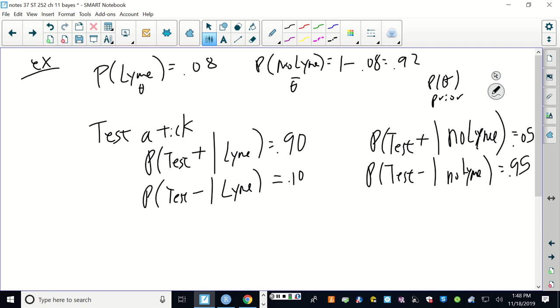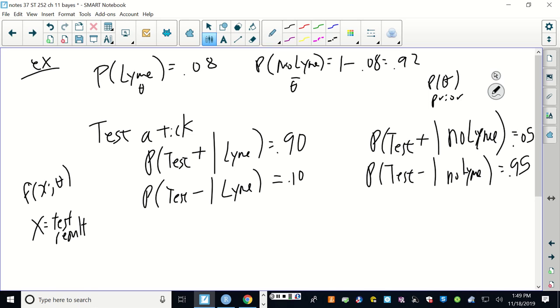And so this is really a model. This is like our f of x given theta, where x is the test result. Given the state of the world, either Lyme or not Lyme, depending on which is true, what's the probability of a positive or negative result?